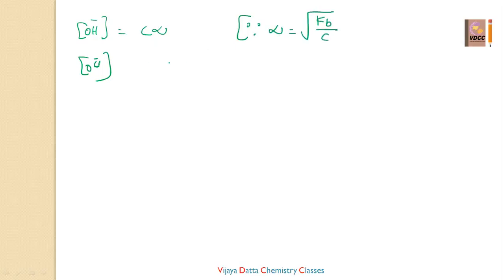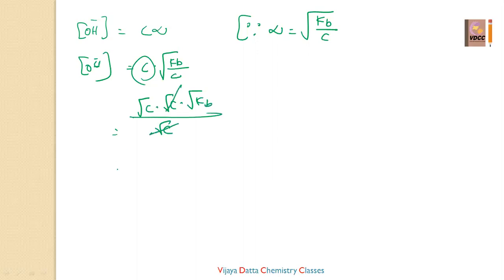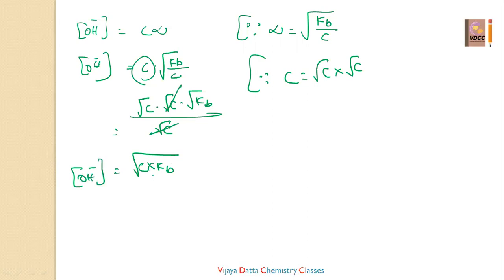Substituting, C into alpha gives C into root Kb by C. We can write C as root C into root C, so one root C cancels, and we get root of C into Kb. So the concentration of OH minus is root of C into Kb.